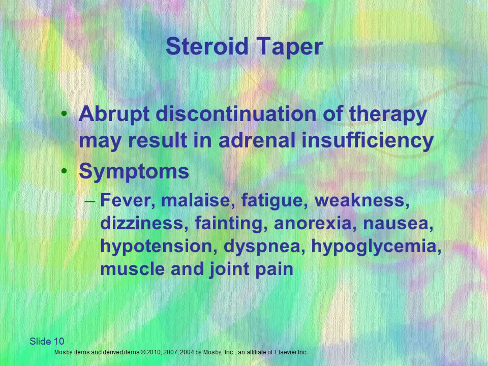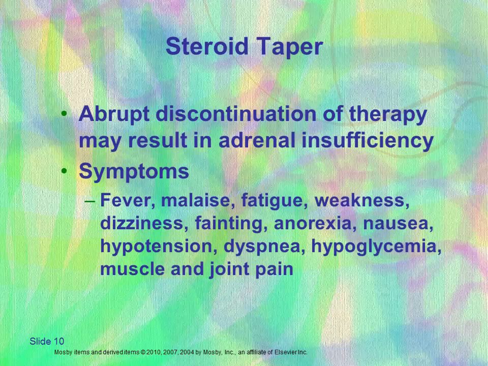Now, I'm not sure if this is the last slide, but I think I've left out glucocorticoids. Now, glucocorticoids, remember, are used for their anti-inflammatory or immunosuppressant properties. Typically, we see it used for, say, pneumonia or something where the inflammation is causing more of a problem than we want to see.